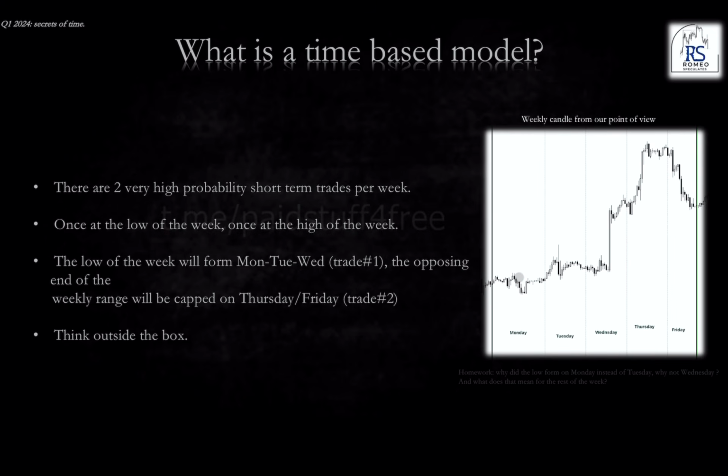Why? That's your homework. Think, when does the high of the week form on Monday instead of Wednesday, instead of Tuesday, for example? But to encapsulate the weekly candle, you can be sure that the low of the week is going to be made on Monday, Tuesday, or Wednesday.